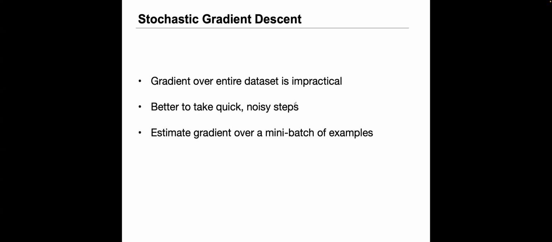Instead of using the entire data set to compute the total loss and the gradient, we'll just take a mini batch of the examples. Mini batch means, let's say I have 10 million training data, maybe a mini batch can be 1,000. That gradient, we use as an approximation of the gradient as if you were computing it from the entire data set.